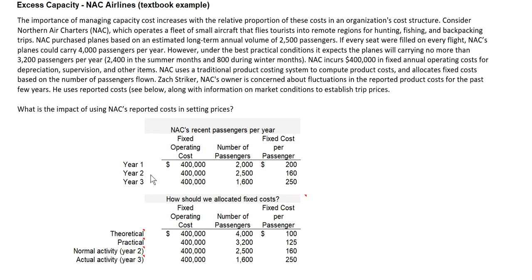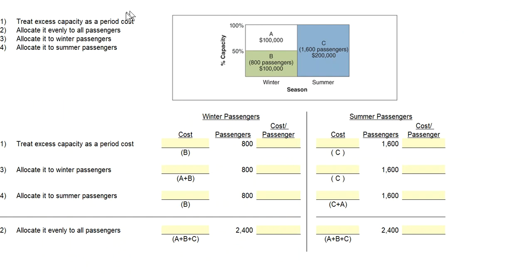Let's take a look at an example of how we might consider allocating this fixed cost of $400,000 per year for NAC. We're going to consider 4 different methods. One, treating the excess capacity as a period cost. In other words, don't allocate it to our passengers, but rather direct it directly to the income statement.